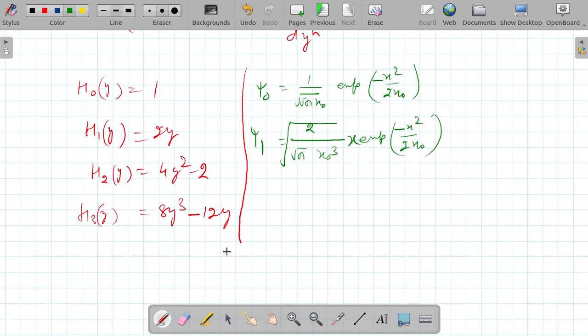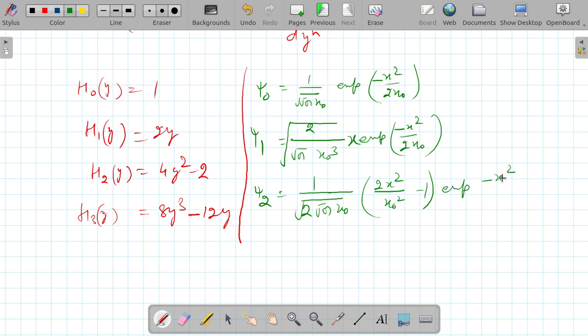Then I can also calculate psi 2, and its value will be 1 over 2 root pi x naught, whole under the root, into 2x square over x naught square minus 1, exponential minus x square over 2 x naught square.